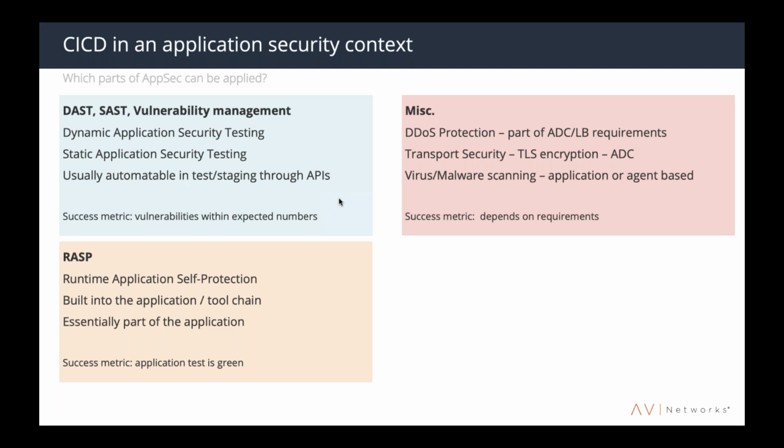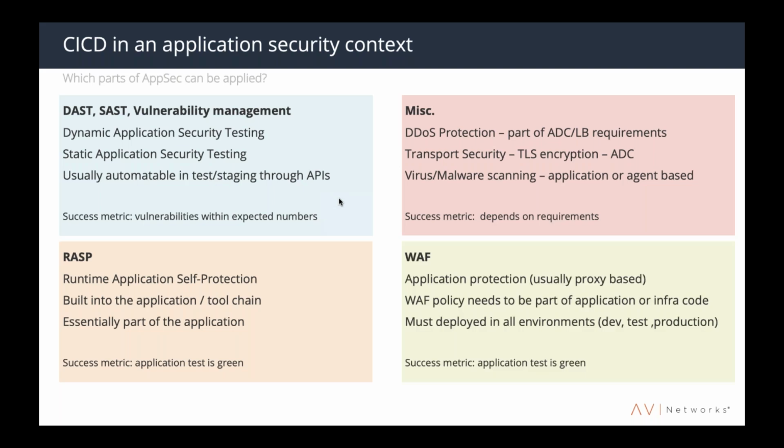If your application uses uploads or provides downloads to the users, we could have virus or malware scanning automatically built into those as well. For each of those, you have different success metrics, so it really depends on the requirements of each of these tools. But all of these, with the right APIs, could be automated in a pipeline.